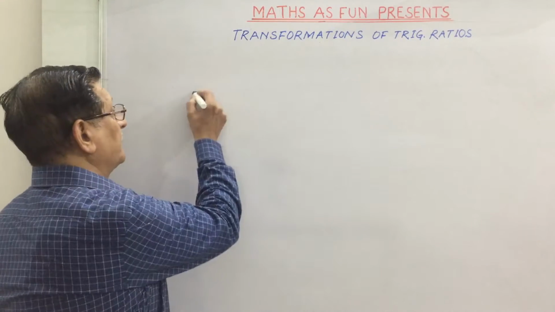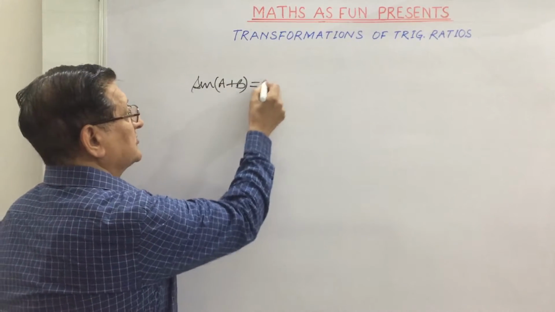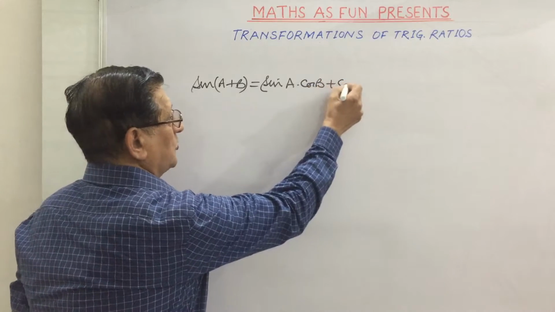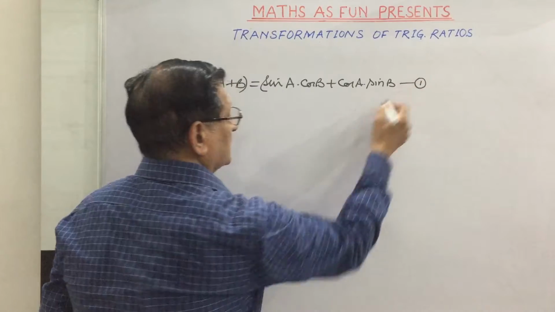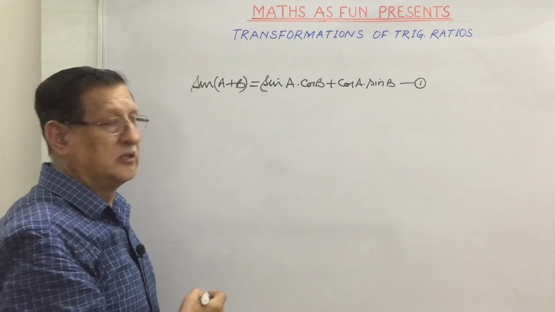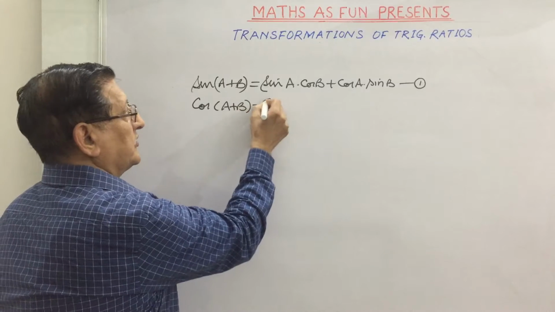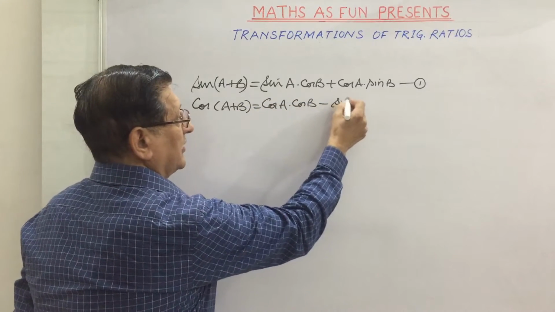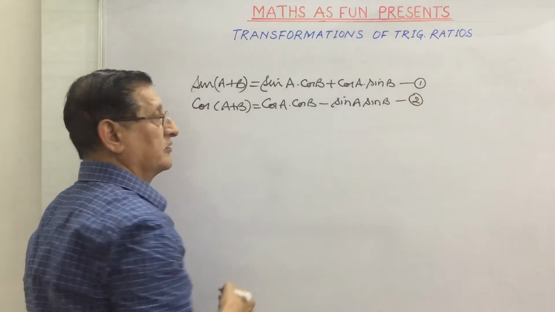We know the formula of sine A plus B, that is sine A into cos B plus cos A into sine B. This we can write as first formula. We also know cos of A plus B, that is cos A into cos B minus sine A into sine B. We can write the second.